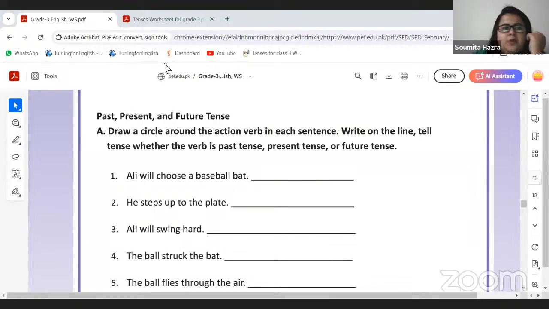So we will start with a small exercise on verbs, and then I will start discussing tenses. Fine. It's just like a small revision, so that even if you have forgotten about verbs, you can remember it.